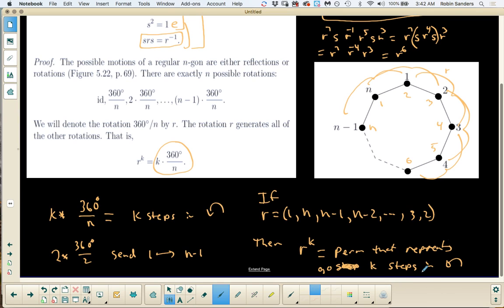So we have all of the rotations clearly written as products of just R itself, and we don't have to worry anymore about that.